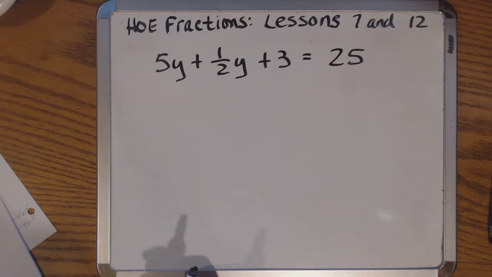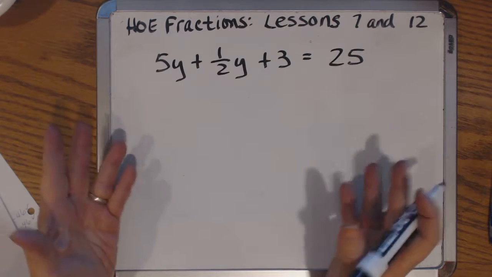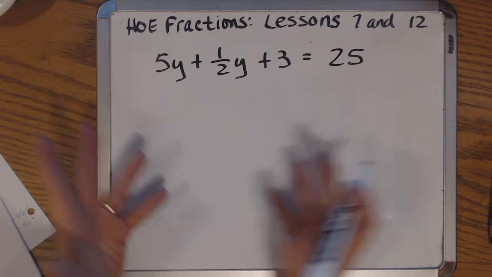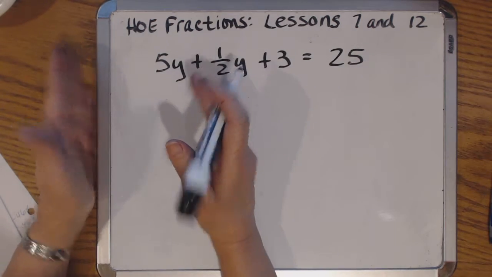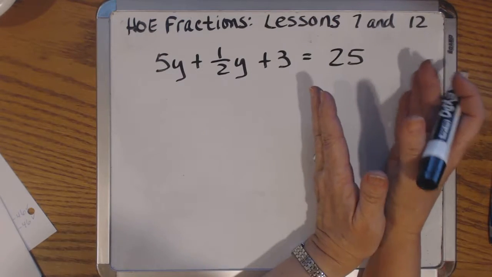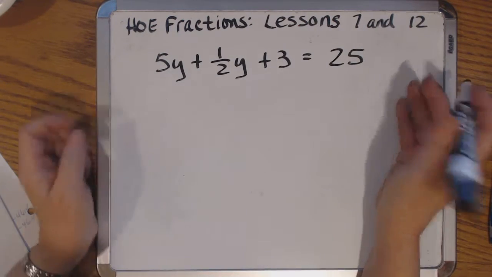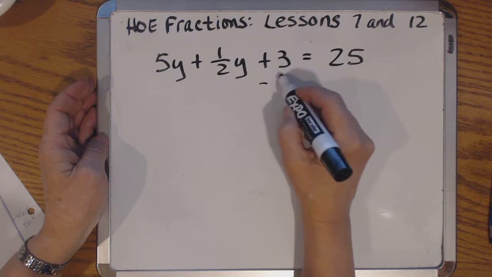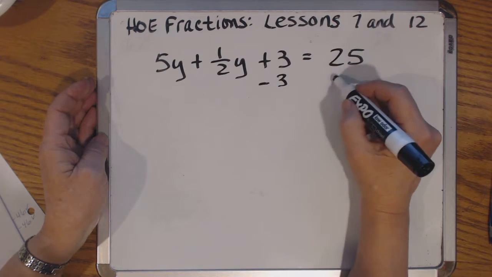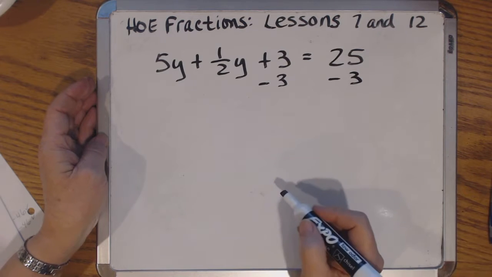For these, my strategy is going to be the same as with the manipulatives. I want to get all my y's on one side, and all my whole numbers on the other side, okay? So I'm going to start with what's easy for me, which is to move this 3 over by subtracting it from both sides.